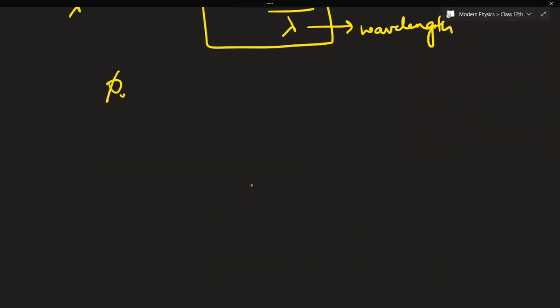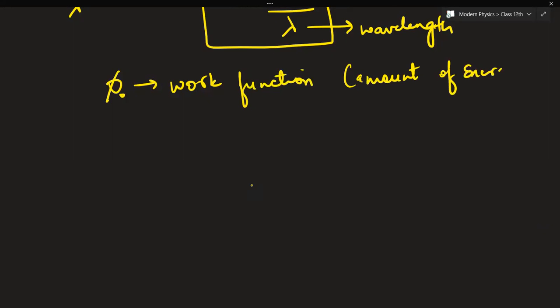Remember work function in the starting of today's class, this is some amount of energy that is needed by the metal surface to eject the electron for photoelectric emission to occur, right? So one energy is the energy of photon, one energy is the work function, and one more energy we discussed in between, remember, kinetic energy, which was equal to half mv square or eV naught. This was also one energy.